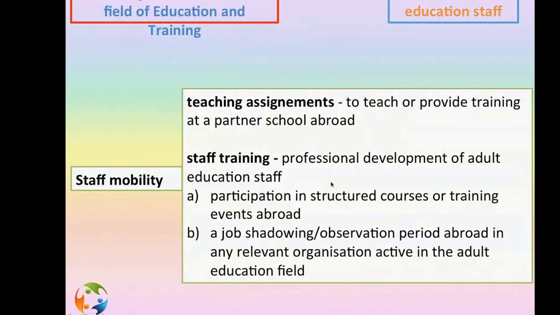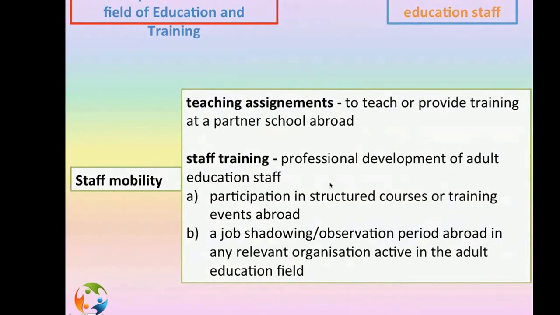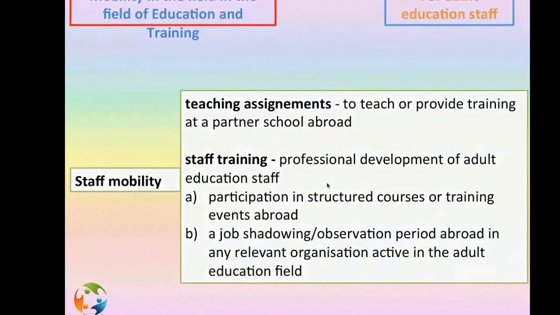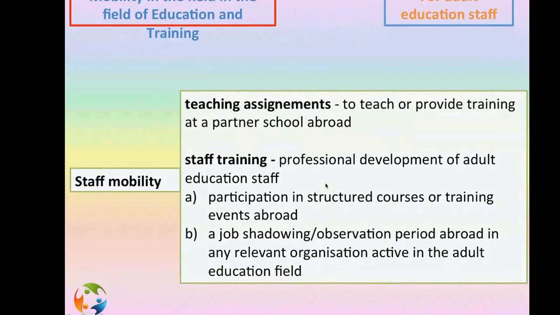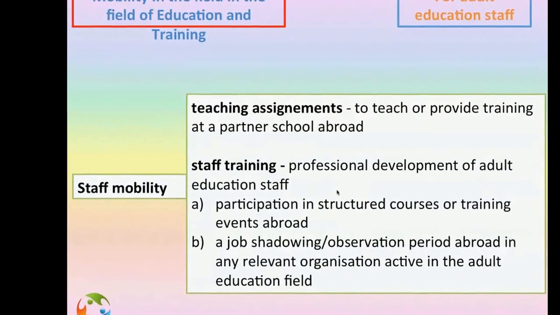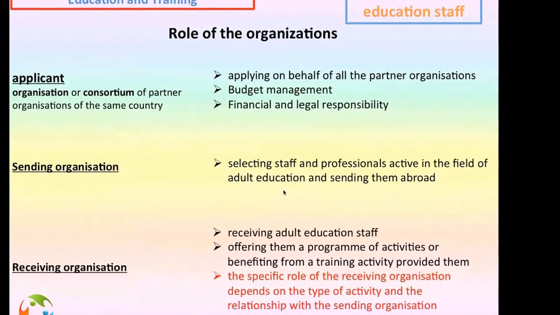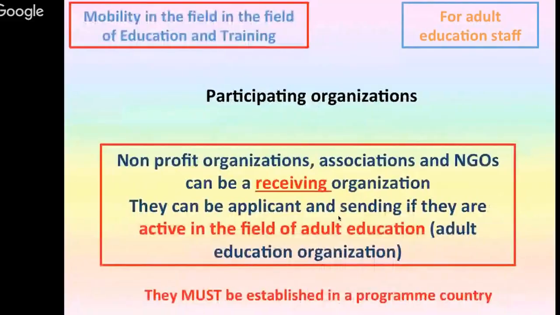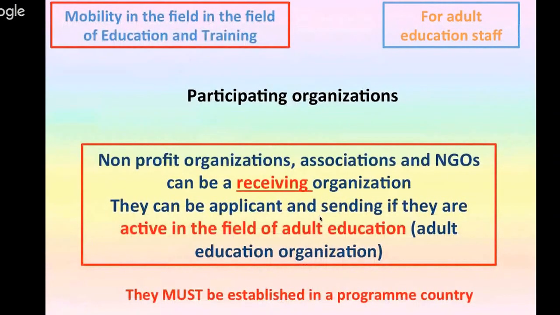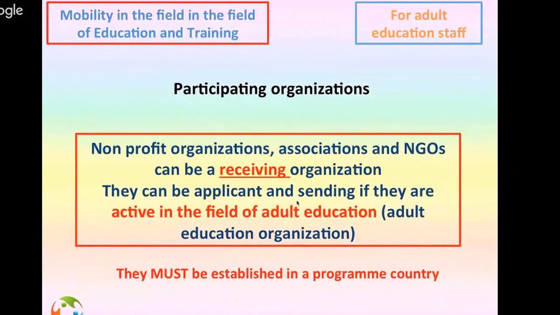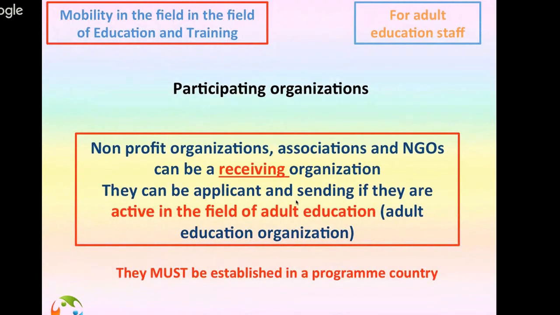The category for adult education staff provides the possibility of staff mobility, of teaching assignments and staff trainings. The roles of the organizations are the same as in the previous category. And the participation of organizations like NGOs, non-profit organizations, associations, is that of receiving.